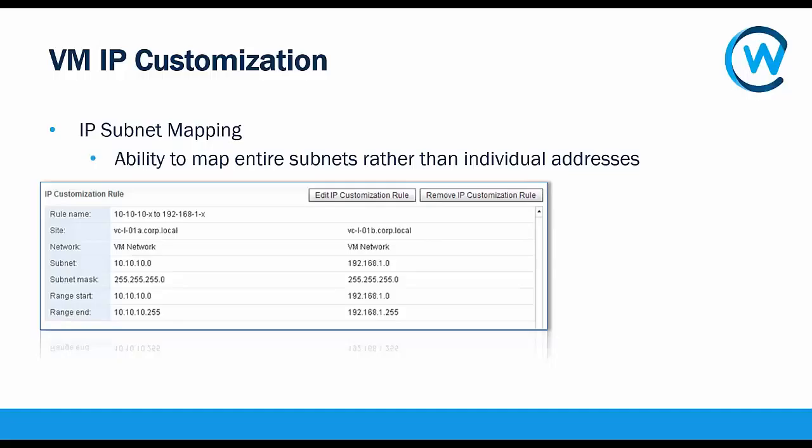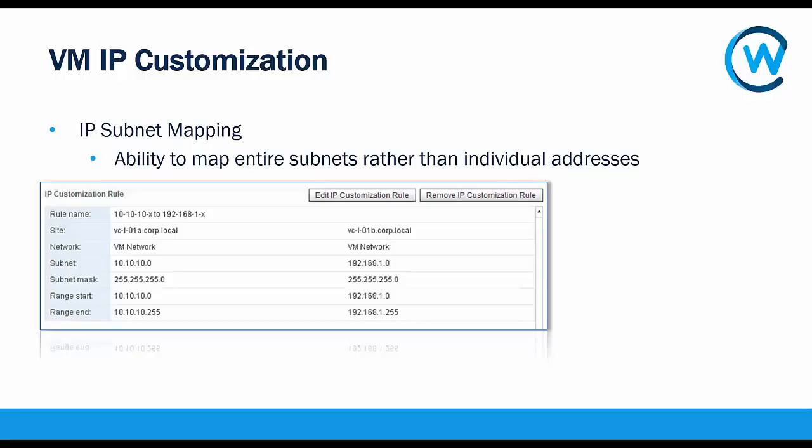Another option is, you don't have to change your IP addresses. It can be quite cumbersome and can cause some other issues. What you could do is create a VLAN on the DR site, if you've got the ability to do that, and just have it non-routable, effectively, so it's just a layer 2 subnet.